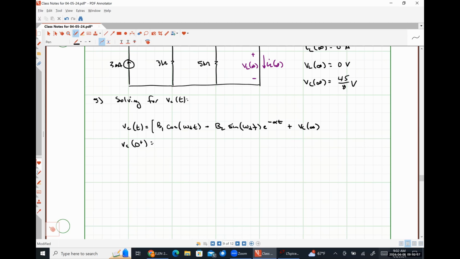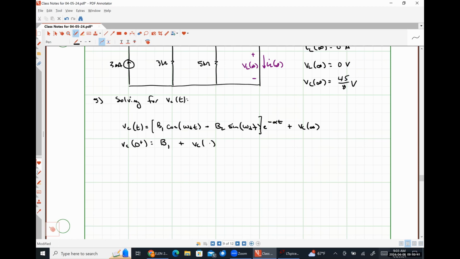So what's cosine of omega dt going to be at t is equal to 0? What's the cosine of 0? 1. So we're going to have a B1 term. What's the sine of 0? 0, so the B2 term is going to go away. Sorry, I need to put a bracket here. What's e to the 0? 1. So all that's going to survive the right-hand side of this equal sign at t is equal to 0 is B1 plus VC at infinity.